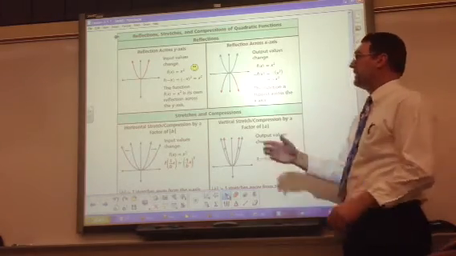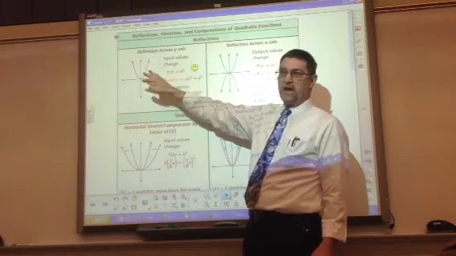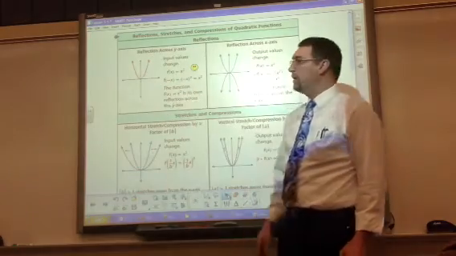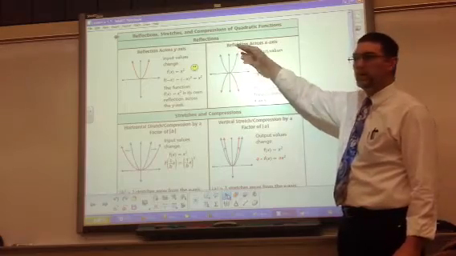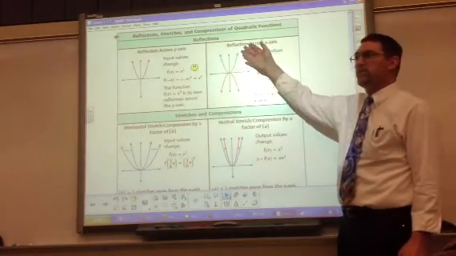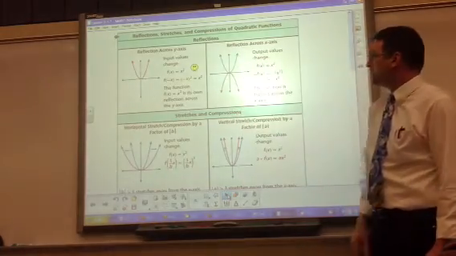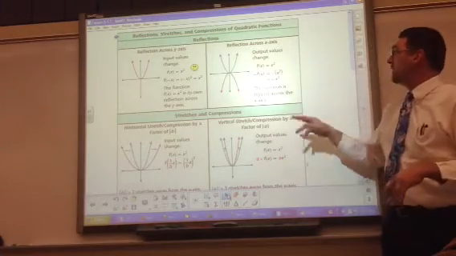So a horizontal reflection basically just reflects it on itself. A vertical reflection is going to flip it upside down because it's a reflection over the x-axis.